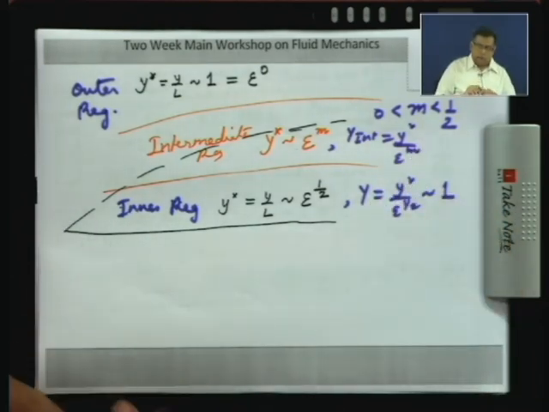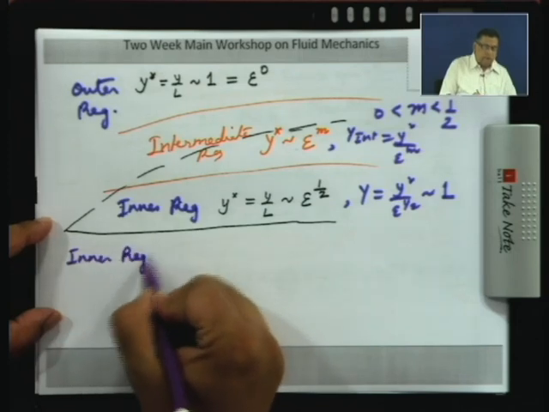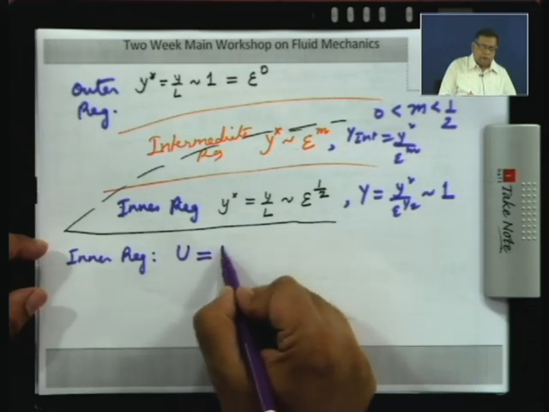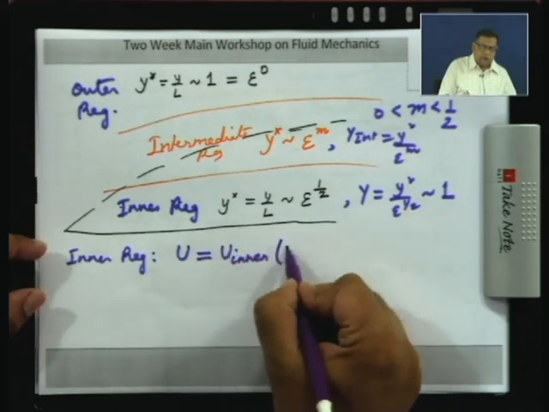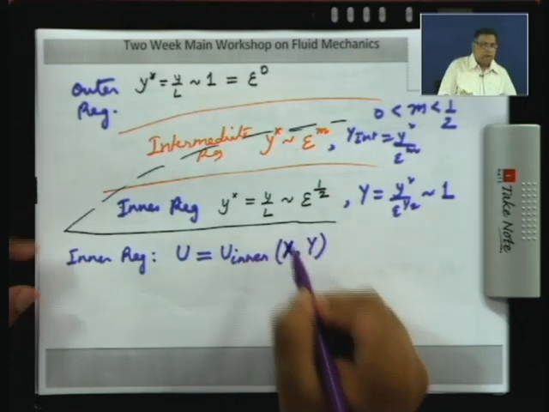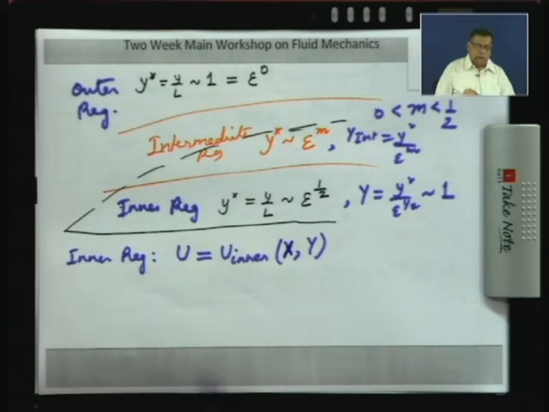Now, in the inner region we will solve Prandtl's boundary layer equations and find that the non-dimensional velocity is some function which we will call u inner of capital X and capital Y. So, these were the non-dimensional order 1 coordinates in the inner region.